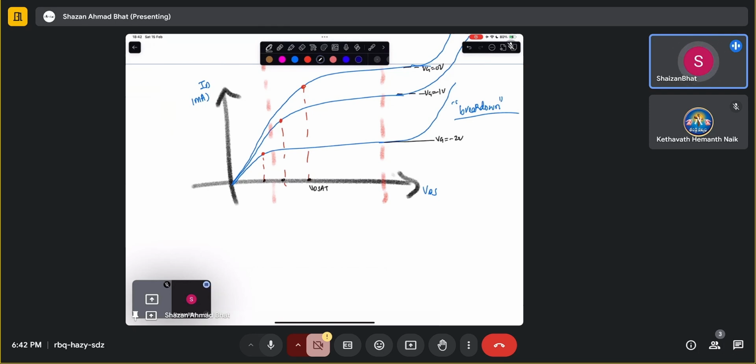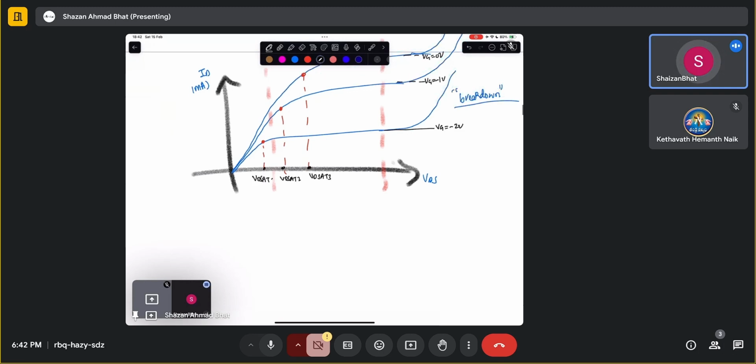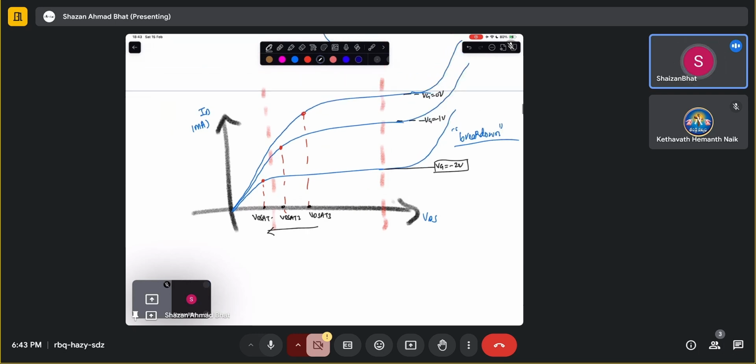Let's say this is VD sat 3, VD sat 2, VD sat 1. These are the drain voltages at which the saturation of the current starts, and they are reducing as we go on increasing the gate voltage in a negative direction. So that is one trend.